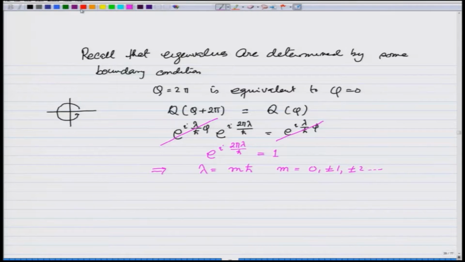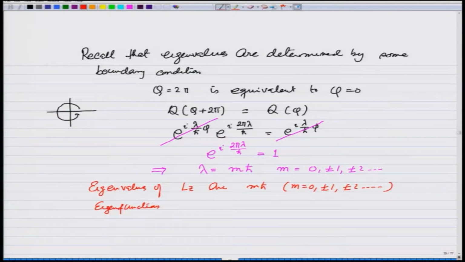So what we learn is that the eigenvalues of Lz are m h cross, with m being 0, plus or minus 1, plus or minus 2, and so on, and the eigenfunctions are e raised to i m phi.